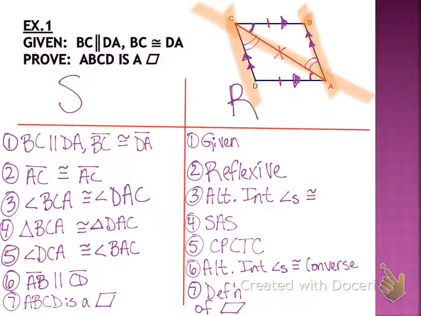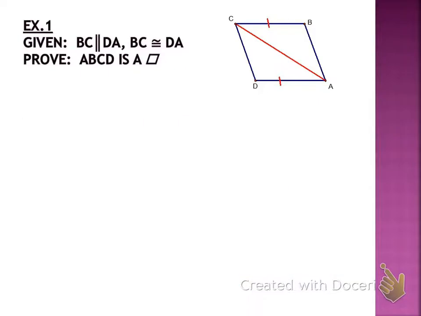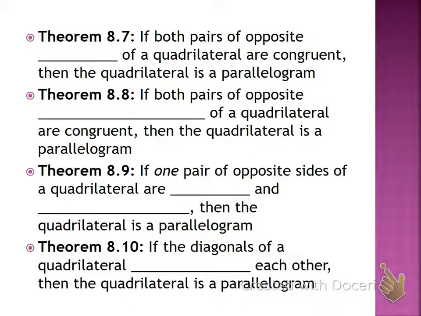Okay. For the most part, these theorems have to do with what we talked about yesterday, but in reverse. There's one of them that's a little bit different that has to do with the proof we just did. First one, if both pairs of opposite sides of a quadrilateral are congruent, then the quadrilateral is a parallelogram.